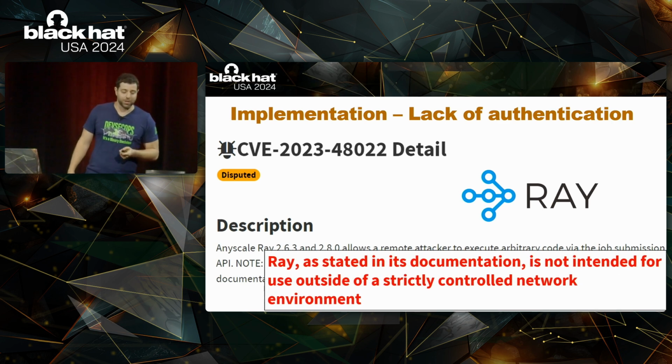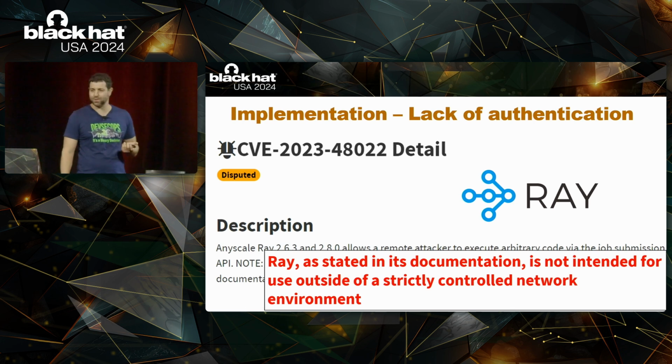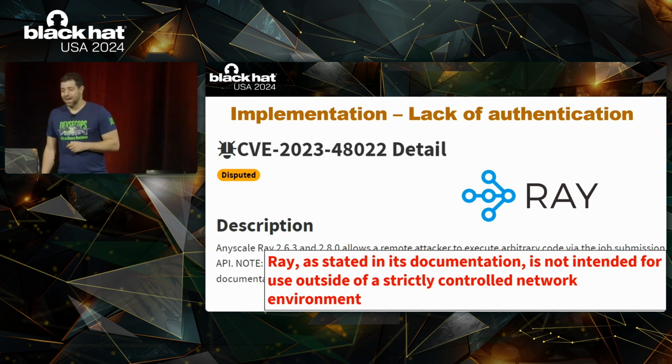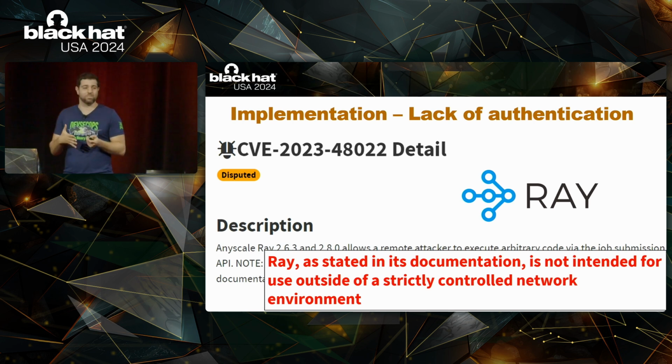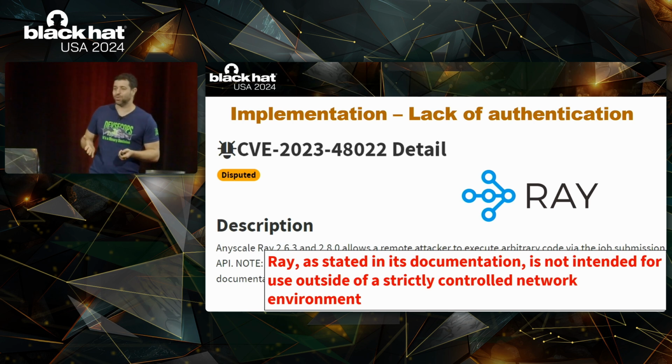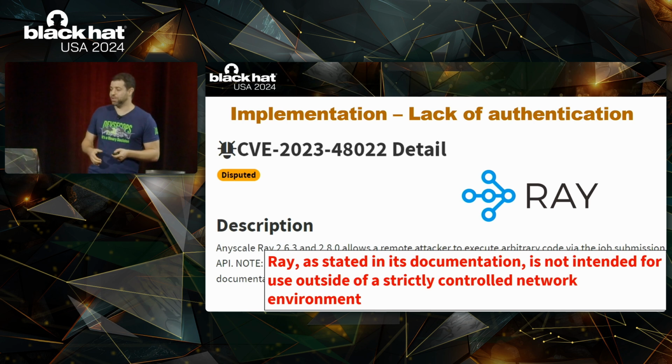So I'll read it out as well. But Ray, as stated in the documentation, is not intended for use outside of a strictly controlled network environment. I mean, is this a reasonable dispute claim in 2024? Like, we didn't bother adding security to our daemon? I don't think it's a reasonable dispute claim. So what do you think? Do you think users actually read the documentation and didn't deploy this framework to production?